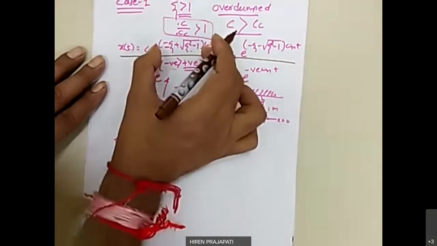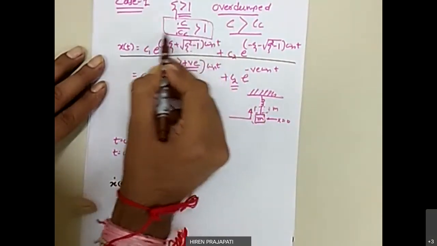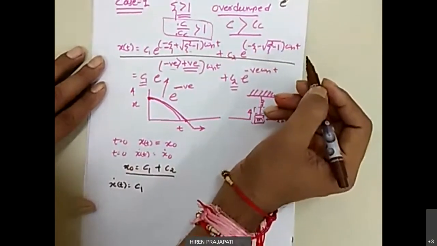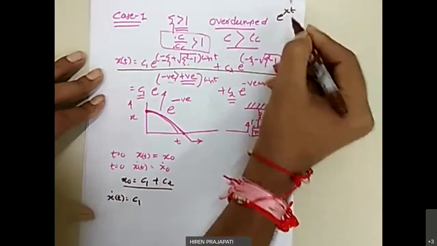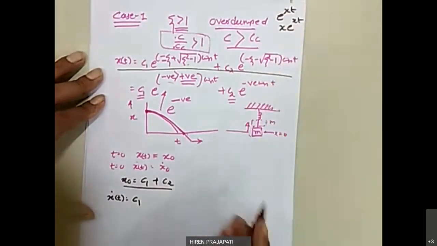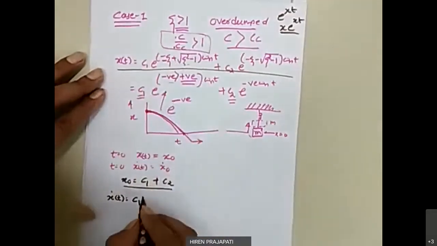Now the entire bracket which is multiplied with t will come down, because the differentiation of e raised to x of t with respect to t is x e raised to x of t. So this is what the differentiation gives, and this will come down.